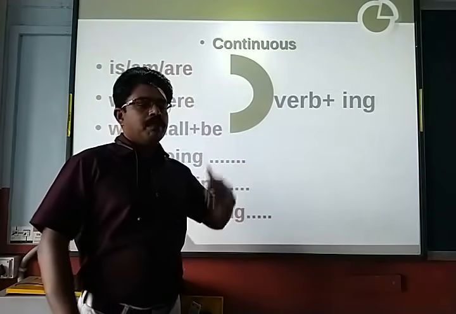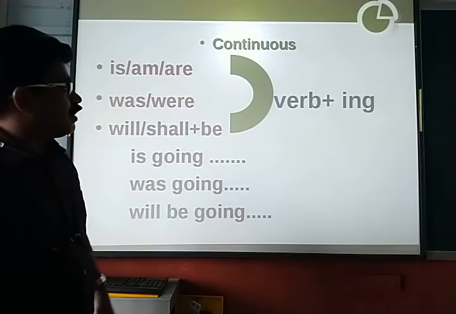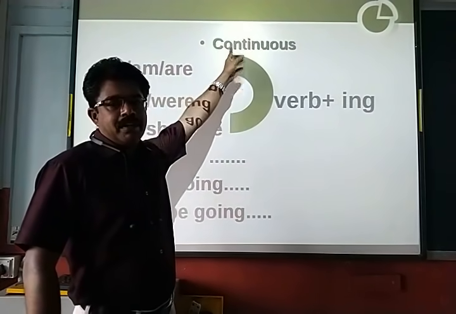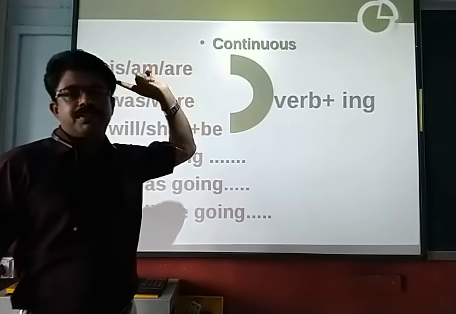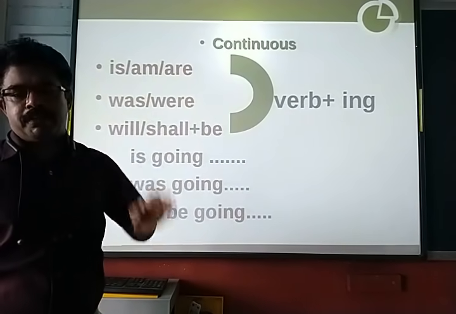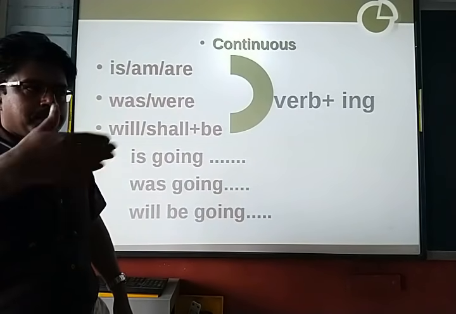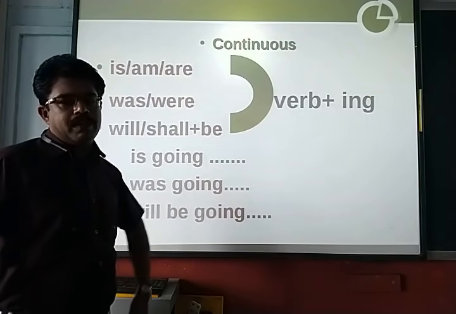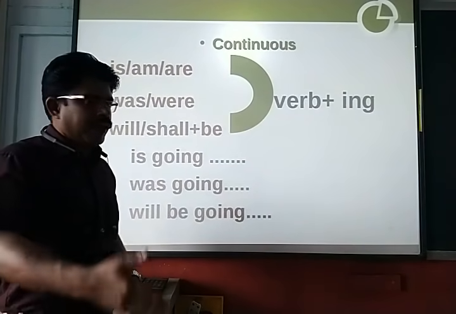When the ing form of the verb is given there, what is that? It is continuous. It is progressive. An action we have spoken about is continuing. An action will go on for a long time.